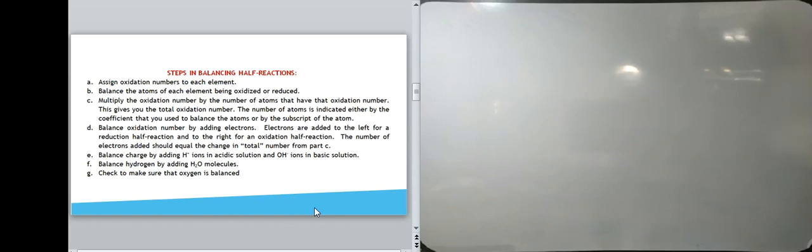The number of electrons added should be equal to the change in total oxidation number from part C. The fifth one is balance the charge by adding H plus ions in acidic solution or OH minus ions in basic solution. And then balance hydrogen by adding water molecules. And the last one is check to make sure that oxygen is balanced. So we have here examples.